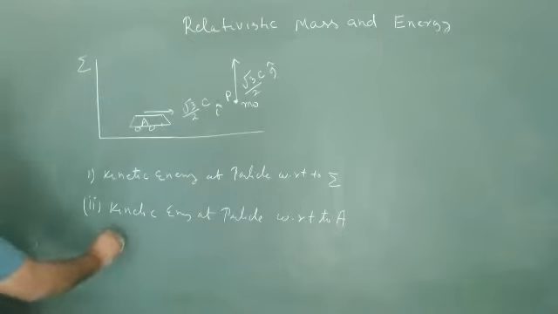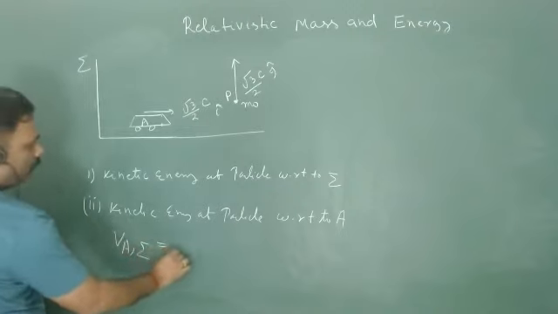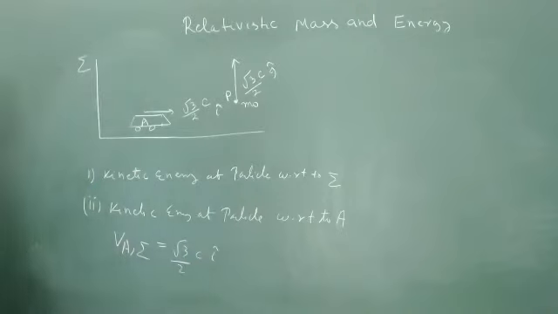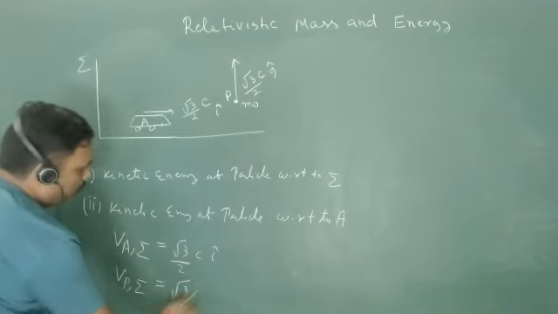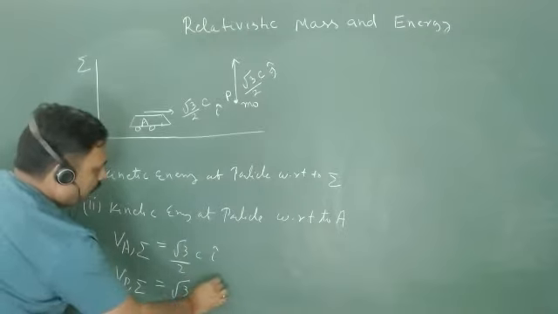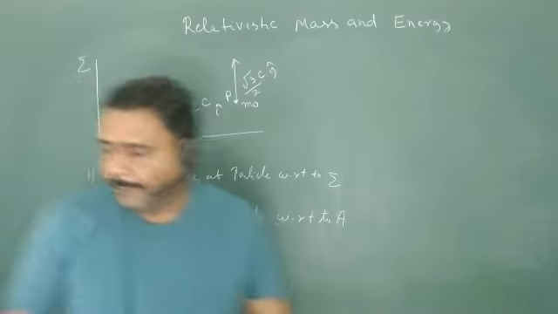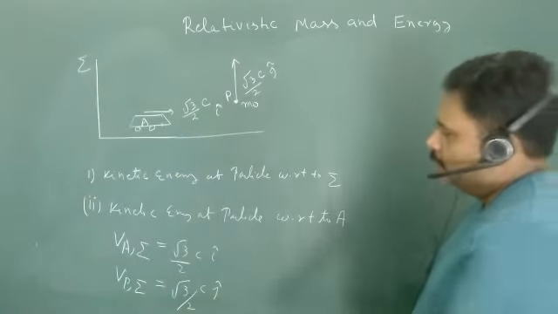So it is given that the velocity of A with respect to sigma is √3/2 c in i cap direction. It is also given that the velocity of the particle with respect to sigma is √3/2 c in j cap direction. So these two things are there. Now let us try to calculate all these things.